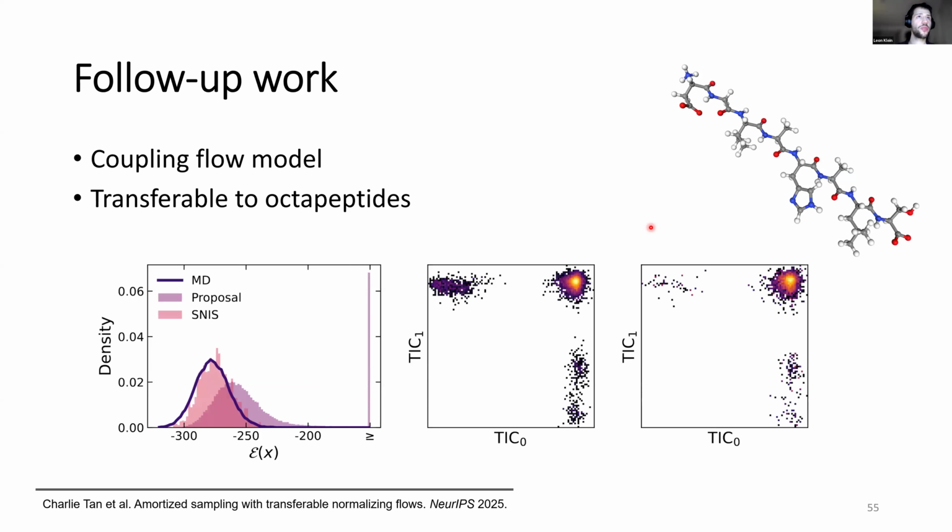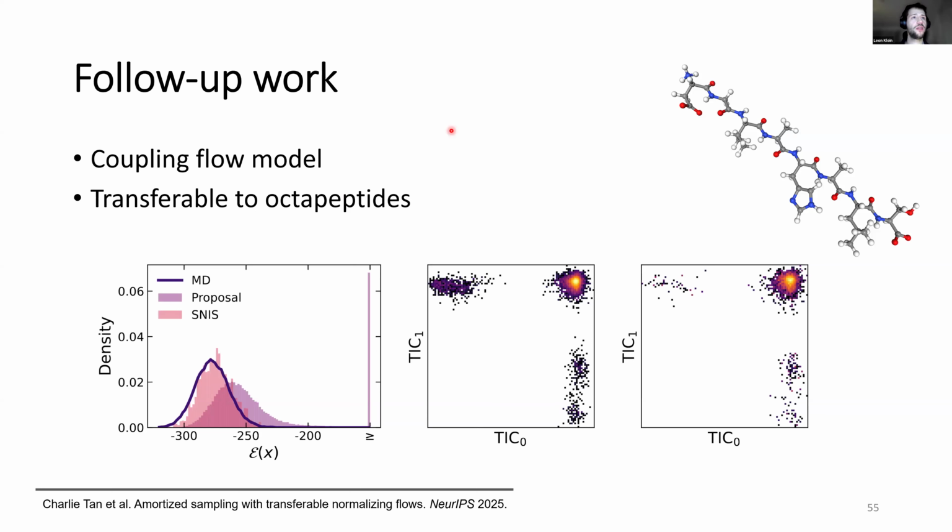One follow-up work I want to highlight is this one here, which is not using continuous normalizing flows, but coupling flows instead. Here we used peptides up to octapeptides and trained the model on this. And we showed there that this is indeed transferable up to octapeptides.